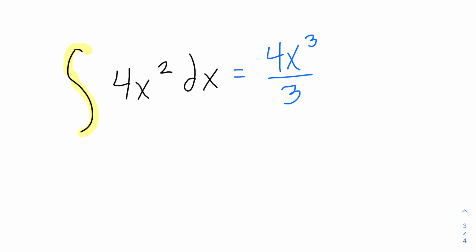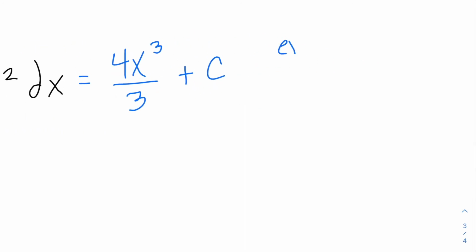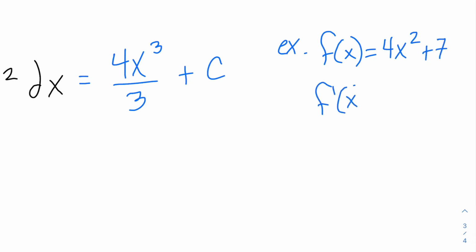Now with integrals, we do have one other thing to write in, and that's going to be plus c. And the reason we write that is because when we're calculating an integral, we don't know whether or not that original function had a constant there. Because as we may remember, for example, if you had a function, let's say this was 4x squared plus 7, when you take the derivative, this would be just 8x.